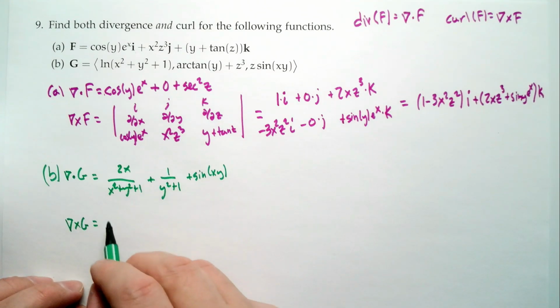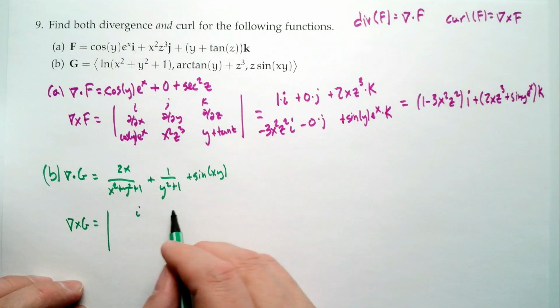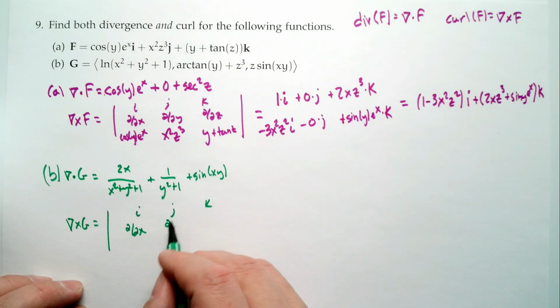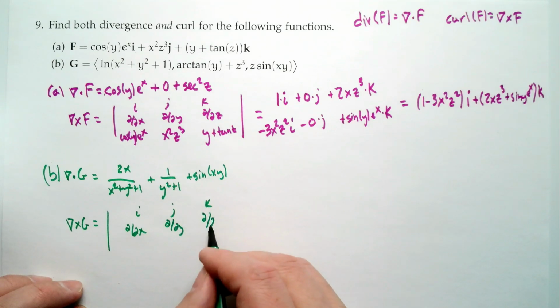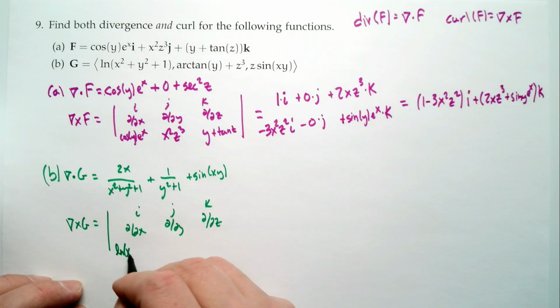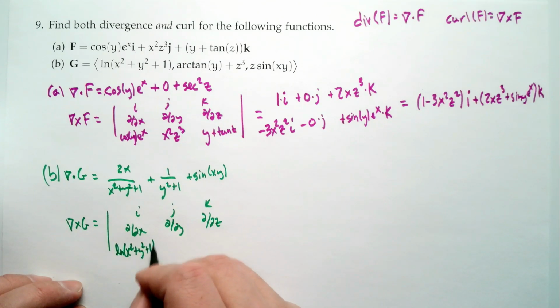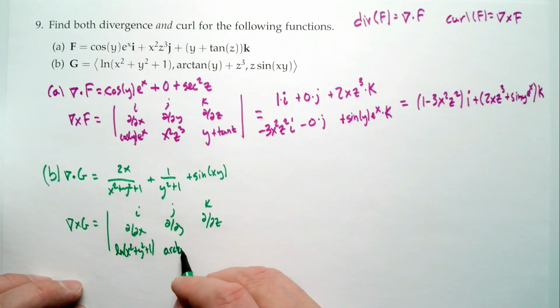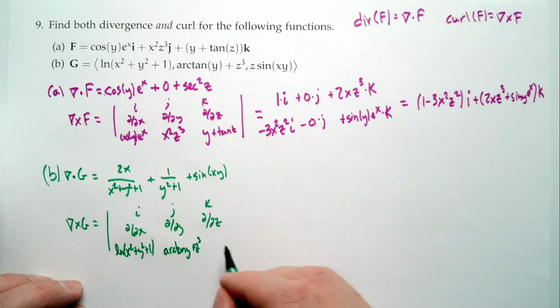Okay, so del cross g: i, j, k, partial x, partial y, partial z, log of x squared plus y squared plus 1. And then the next term, arctangent of y plus z cubed. This is why you have to give yourself space. And then z sine of xy.